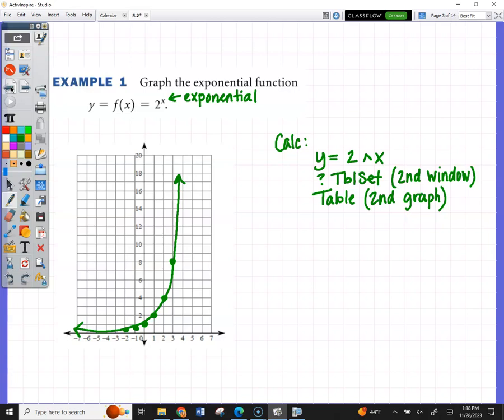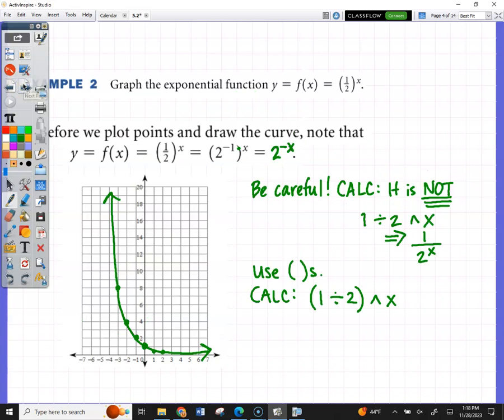Not necessarily. I need to look at the actual function. Look at the equation between this one, might be easier to look at your paper, and this one. What is the difference in the equations? Decay is less than 1. There you go. What did you notice about the other one? It was greater than 1.